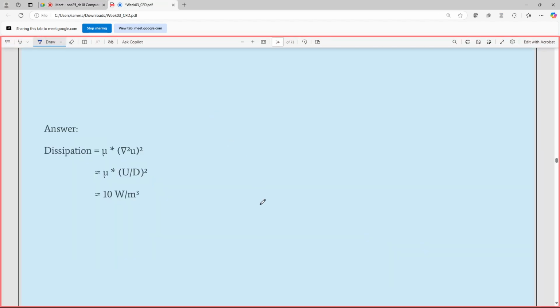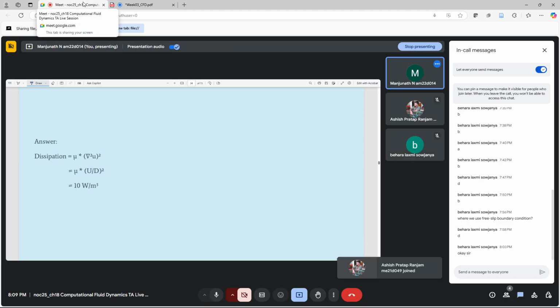We know our viscous term is mu times del square u, so here the differential terms are not there, so we can approximate u as the average u, and del as the diameter.